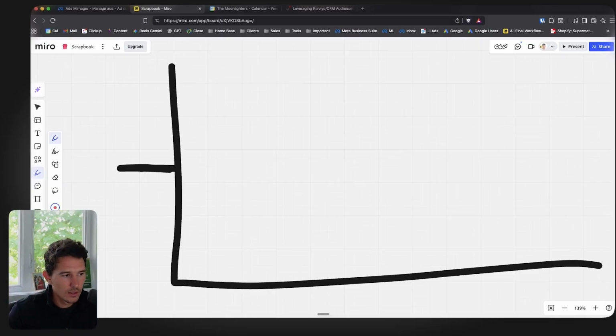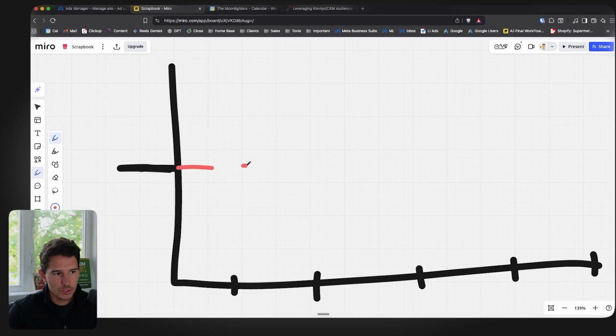So think about every little nook here as a full week has gone by, just to keep this really simple. If you set your cap to $50, which is going to be indicated by this red line right here, and then we're going to plot out your actual performance, which is going to be in blue.